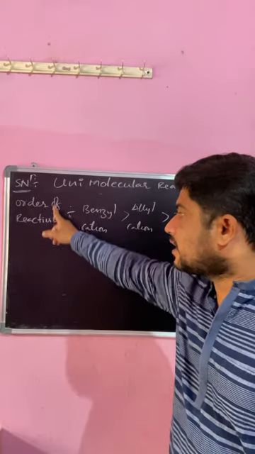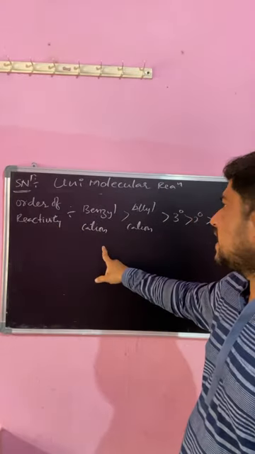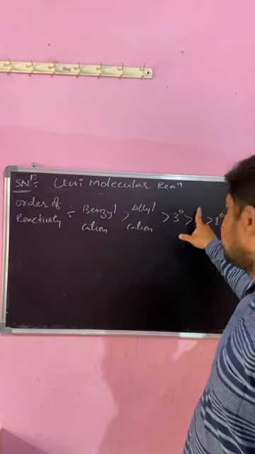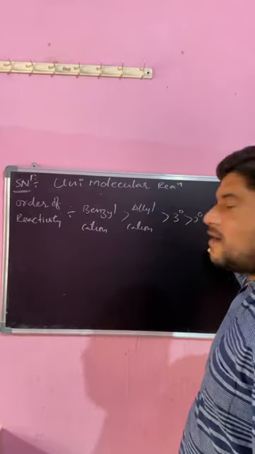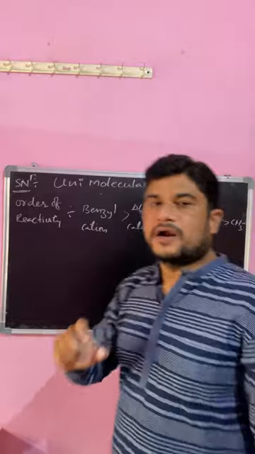That's why the order of reactivity is: benzyl greater than allyl, then tertiary, secondary, primary, and then methyl bromide.